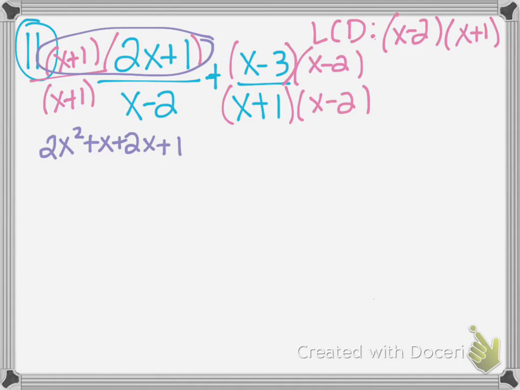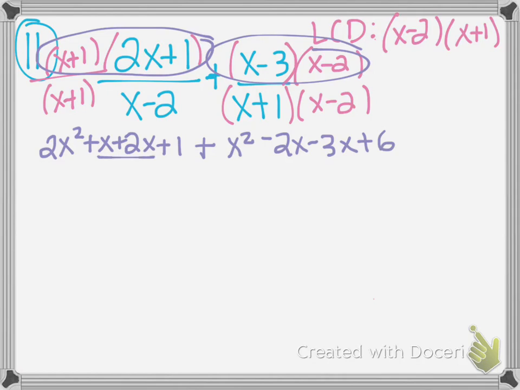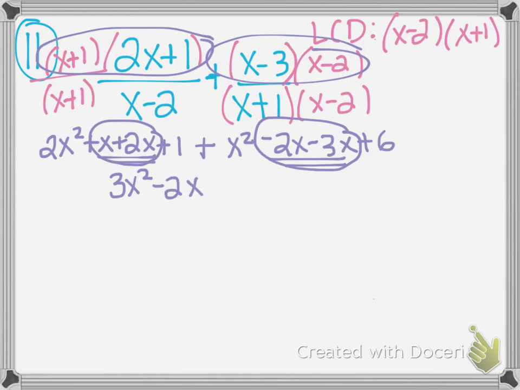Over here we get plus x squared minus 2x minus 3x plus 6. So I'm going to add these middle terms while combining like terms, and I'm left with 3x squared. Over here we're going to have 3x, over here we're going to have minus 5, so we have minus 2x, and then we have plus 7.